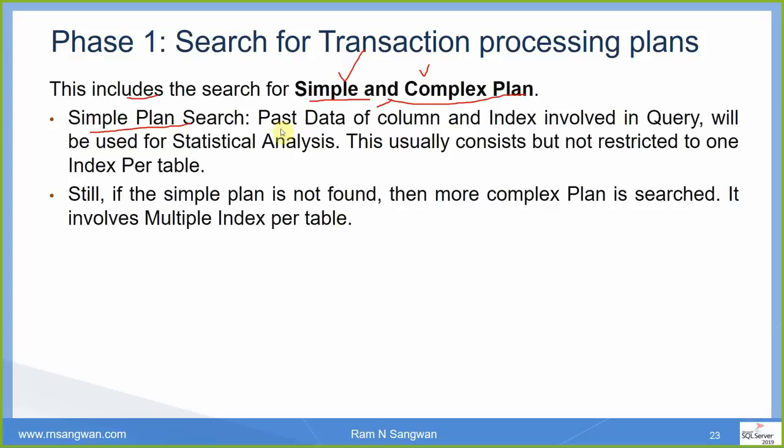Simple plan means past data of columns and indexes involved in the query will be used for statistical analysis. This usually consists of, but is not restricted to, one index per table. Still, if the simple plan is not found, then a more complex plan is searched. It involves multiple indexes per table. It will try to find that.